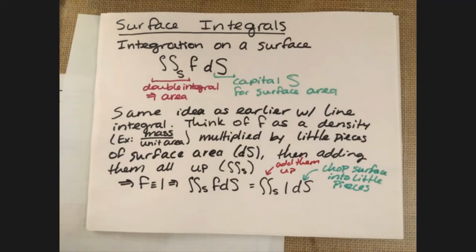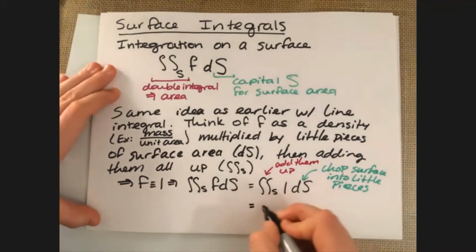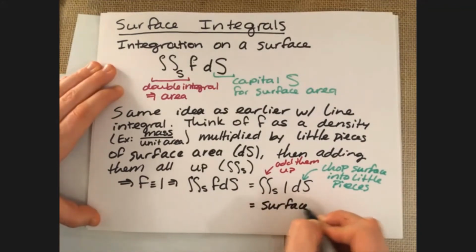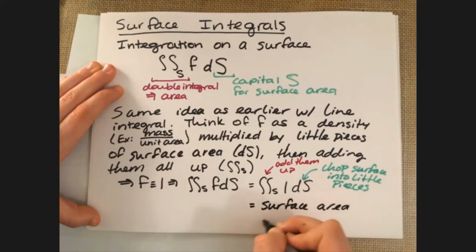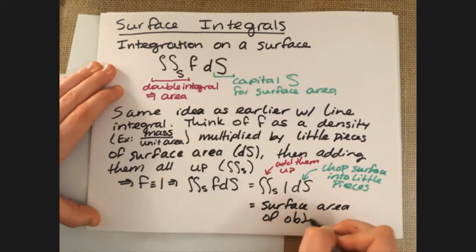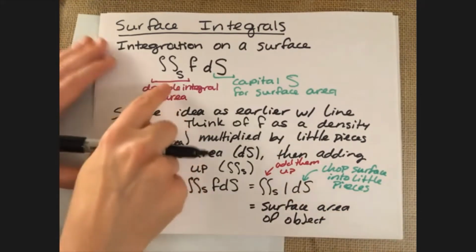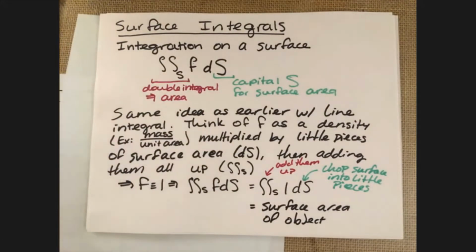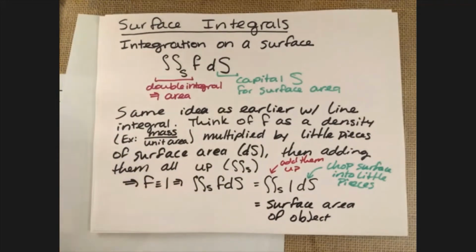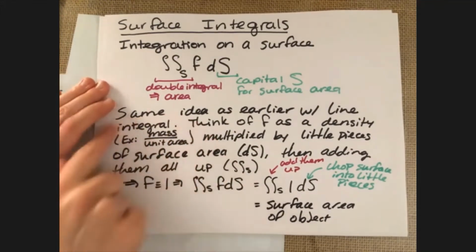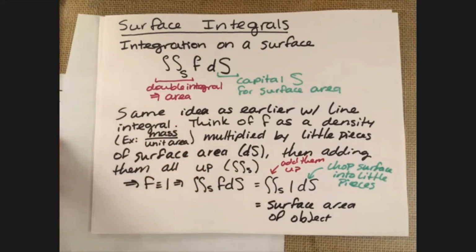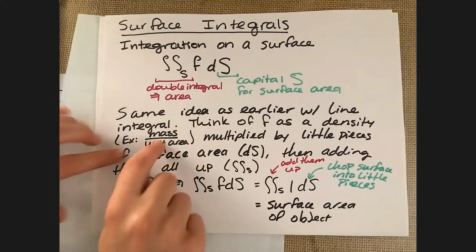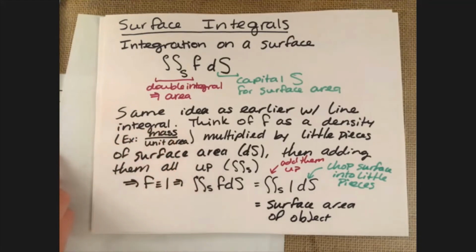So what you get at the end of that is just the surface area of your object. Whatever that surface S was that you started with, that's what you get when f is equal to 1. Now, if it's not equal to 1, it's giving us this notion of density that we've talked about here. And ultimately, you're going to wind up with mass or charge or whatever is on top there. But when f is equal to 1, we get this idea of surface area.